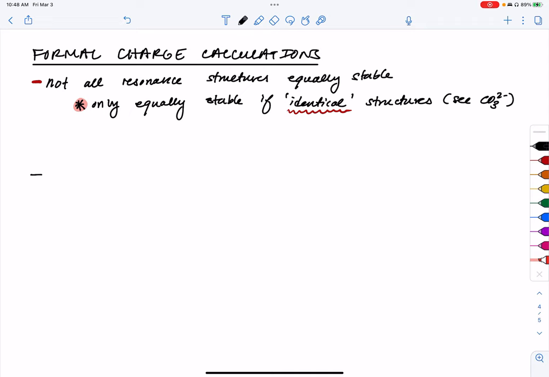So how could we identify which resonance structure is the most stable?